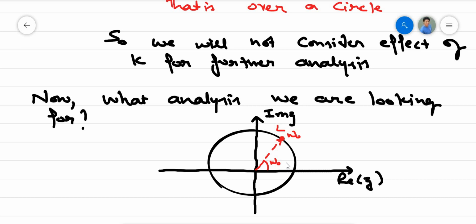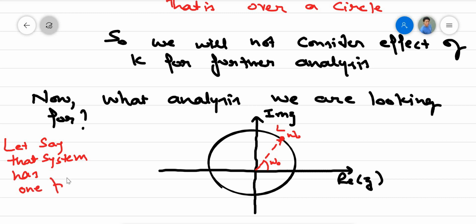Okay, so we are interested in a system, right? And we have some system, and we want to find out its overall impact on our frequency omega naught. Let's say that particular system has one pole and one zero. The pole is P1 and the zero is Z1.